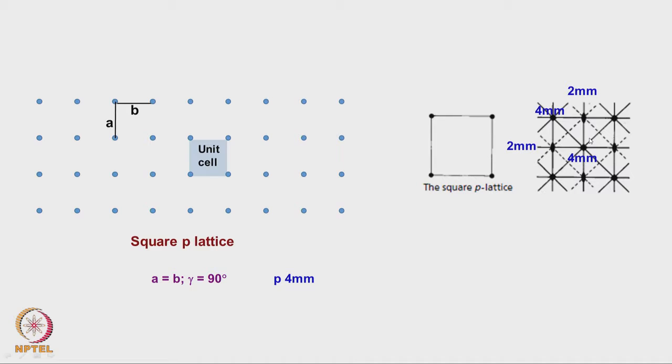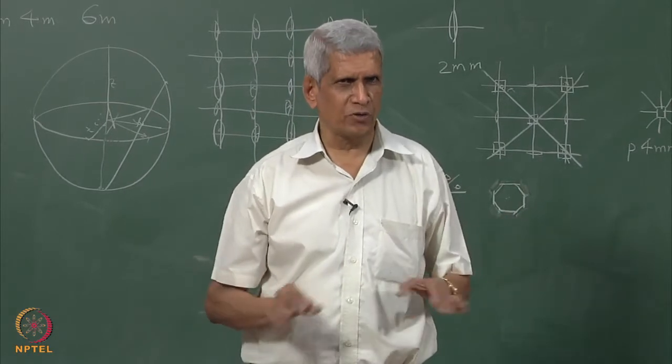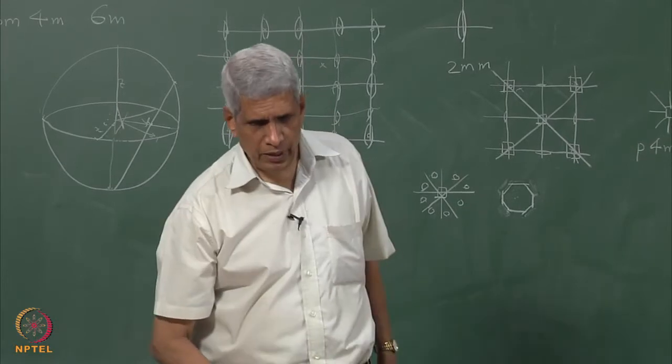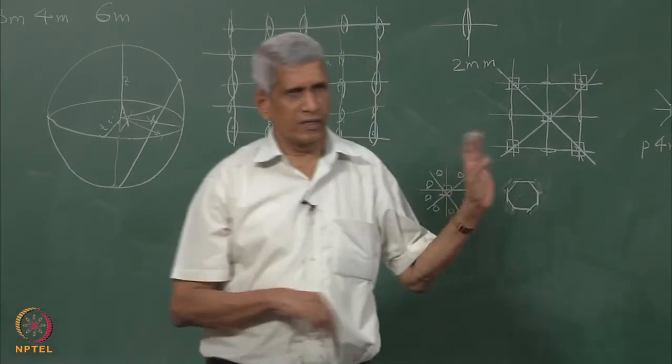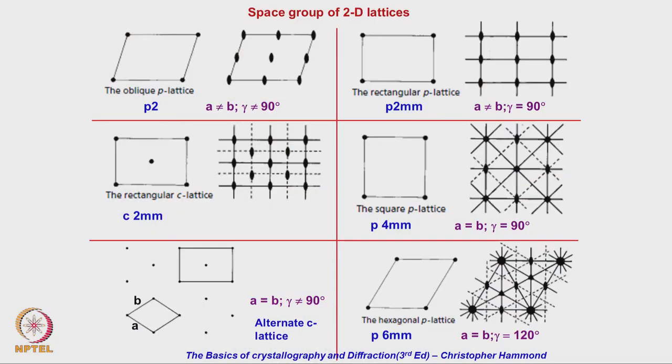Anywhere we can keep it and create a 2-dimensional lattice. The same is true for a 3-dimensional lattice also. Before going into those details further, what I have just shown is the way we can find out the symmetry of the lattices.